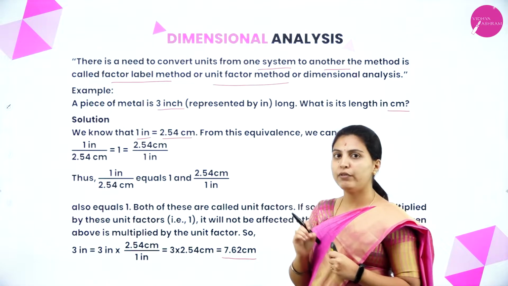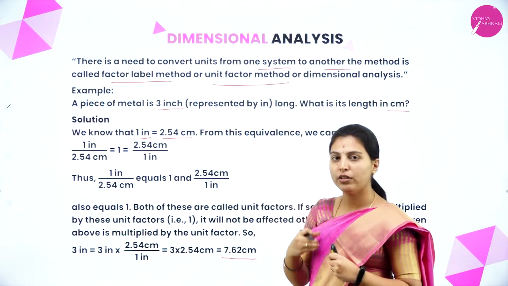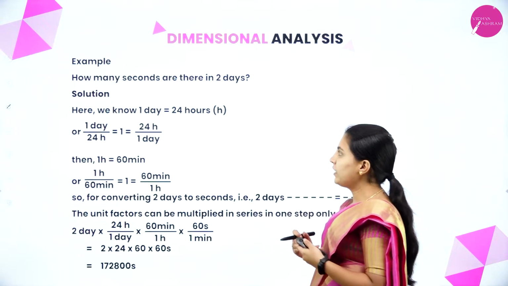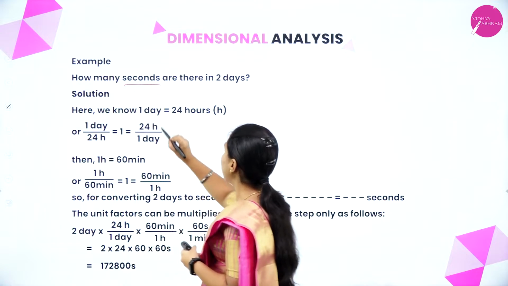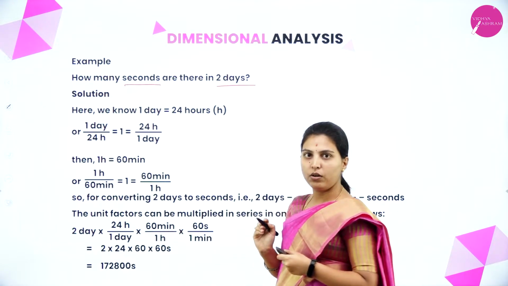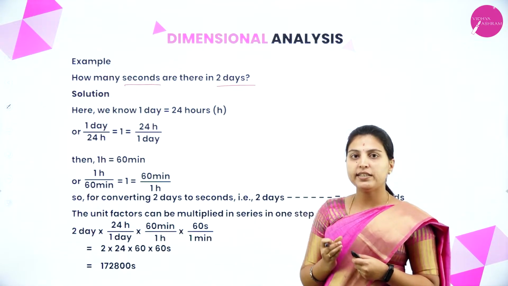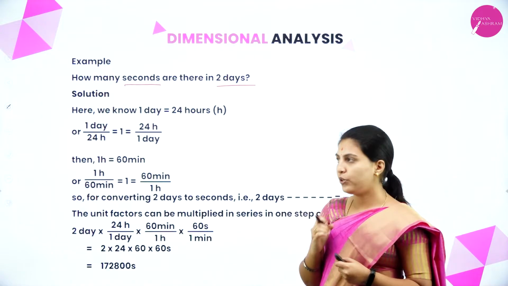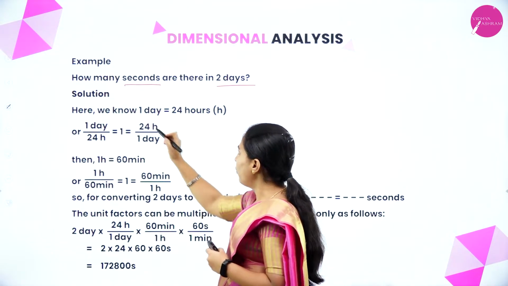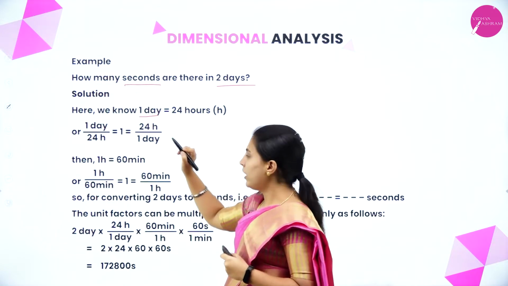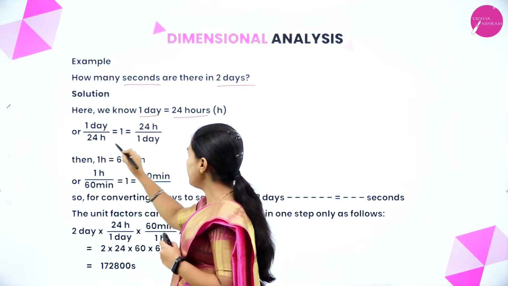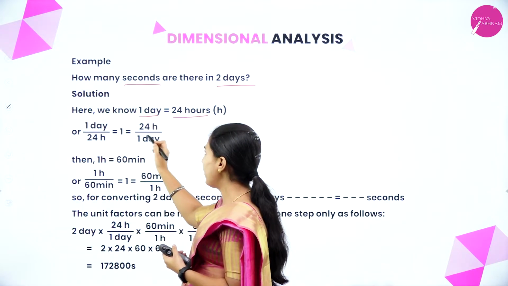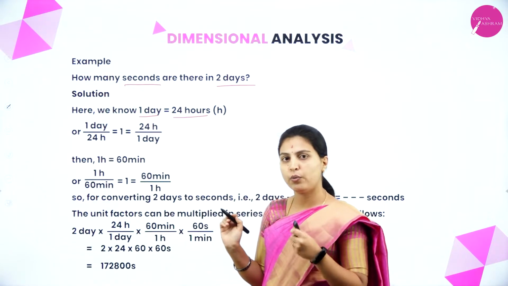Like this, you convert from one unit to another unit. We'll see another example. How many seconds are there in 2 days? In 2 days, how many seconds will be present? You have to find out. We know 1 day has 24 hours, so we can write it as 24 hours for 1 day.